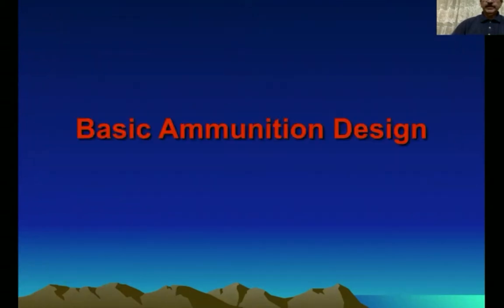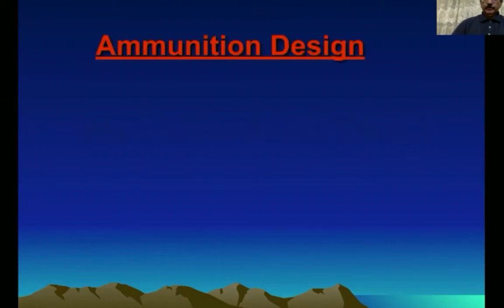So we'll discuss the basic ammunition design of various ammunitions which are used in the firearm weapons. The design basically for both type of weapons, whether they are rifled or smoothbore, it has got a cartridge case. Cartridge case is basically a casing which includes the components of the ammunition.